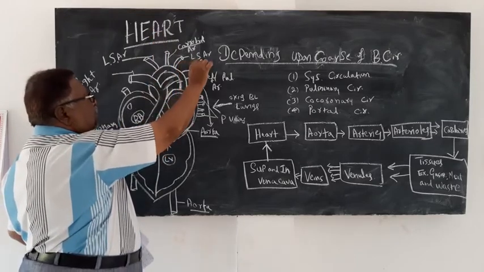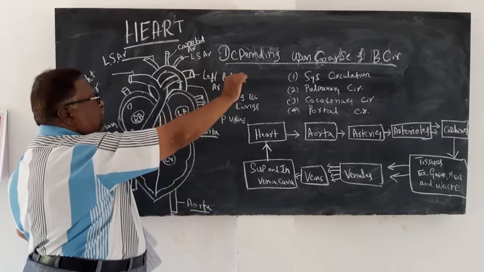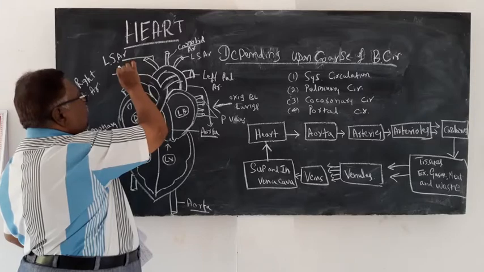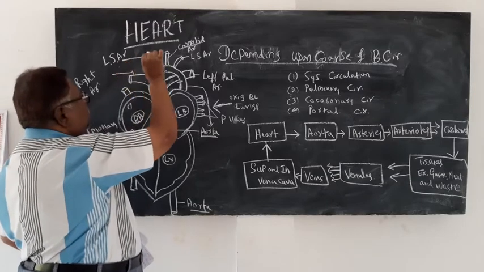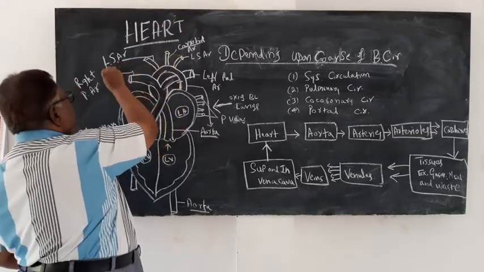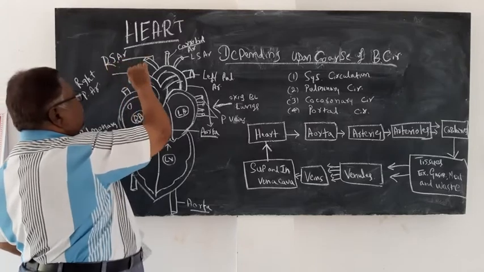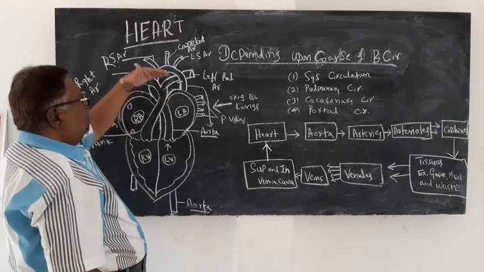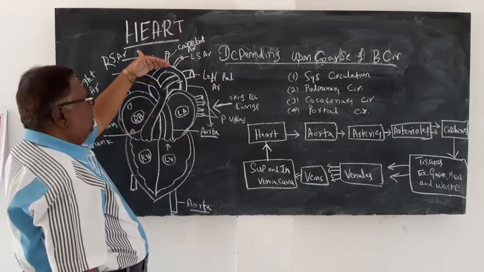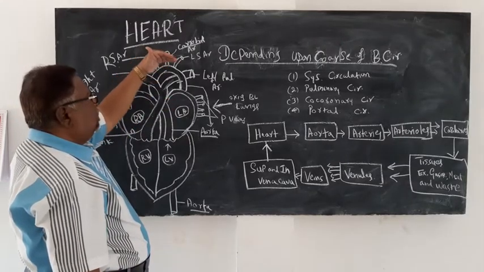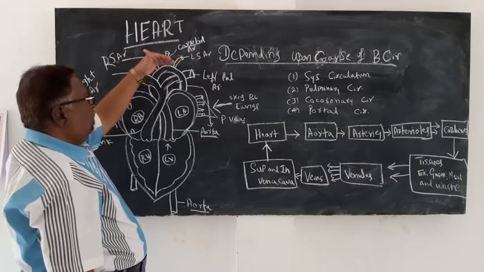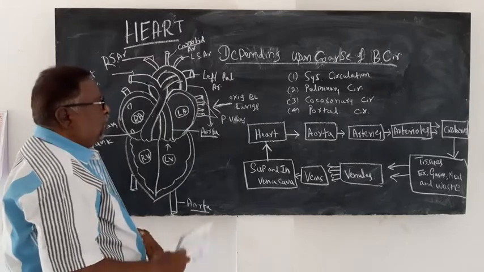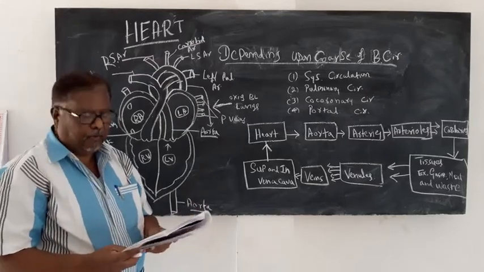The left subclavian takes the blood to the left arm, and the right subclavian artery takes the blood to the right side. So the anterior portion of the human body is supplied by these three arteries of the aorta, and downwards it moves down and down and supplies the blood to different parts of the body.